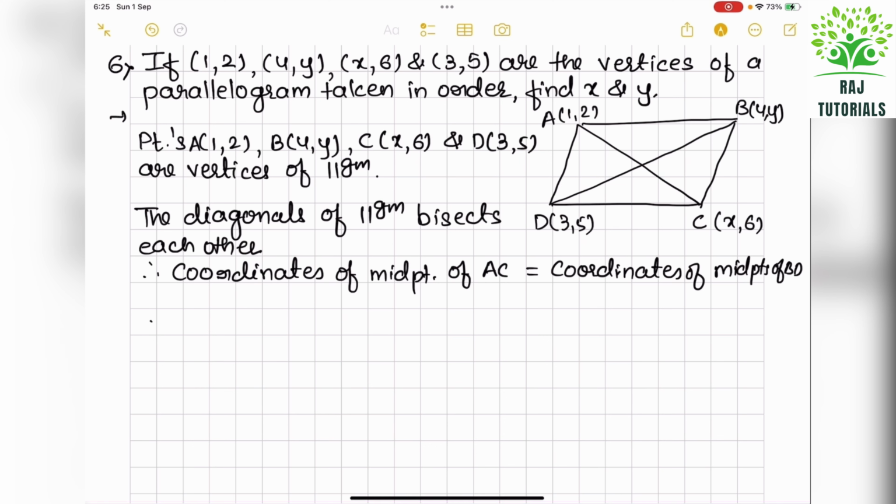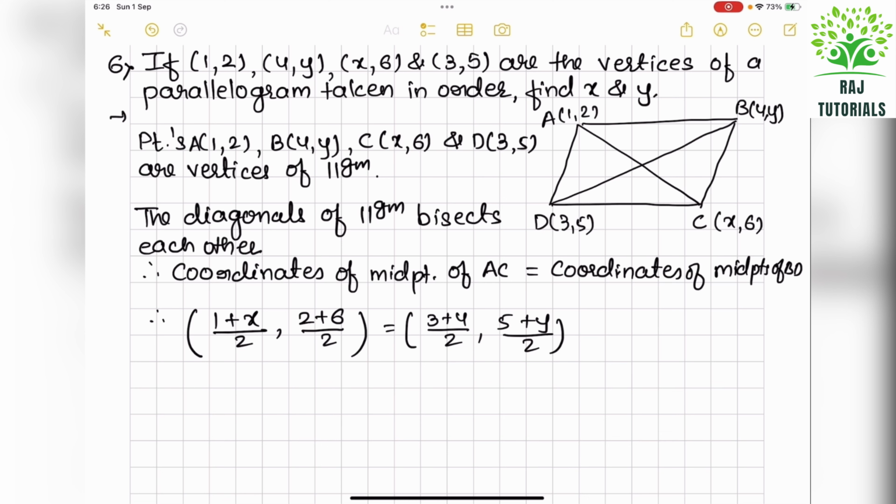So therefore (1 plus x) by 2, comma, (2 plus 6) by 2 equal to (3 plus 4) by 2, comma, (5 plus y) by 2.